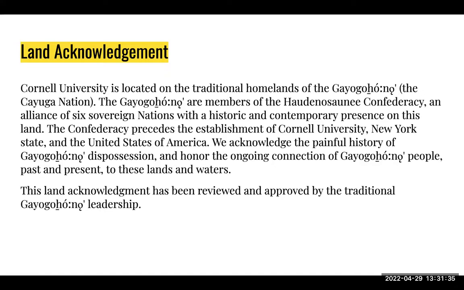The Confederacy precedes the establishment of Cornell University, New York State, and the United States of America. We acknowledge the painful history of Guyacona dispossession and honor the ongoing connections of Guyacona people, past and present, to these lands and waters.